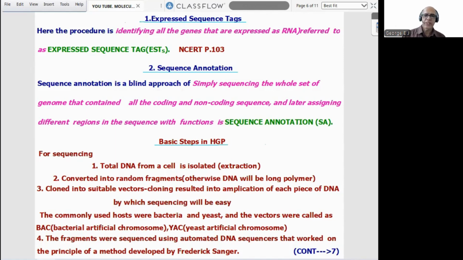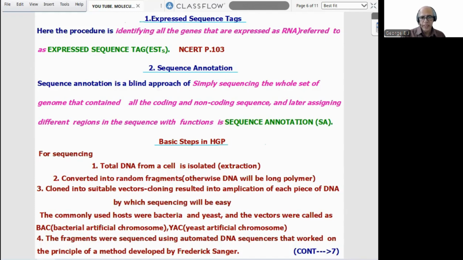Now come the basic steps in HGP. Whether it is HGP or fingerprinting, the basic material is DNA. For sequencing, total DNA from a cell is isolated. It is called extraction. That total DNA is converted into random fragments, because the entire DNA is not easy to handle. It is a long polymer, so it is cut into random fragments. After that, it is cloned into suitable vectors. Cloning results in amplification, making many copies, which you will remember in genetic engineering.